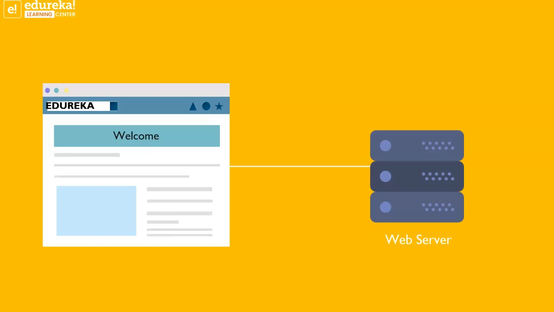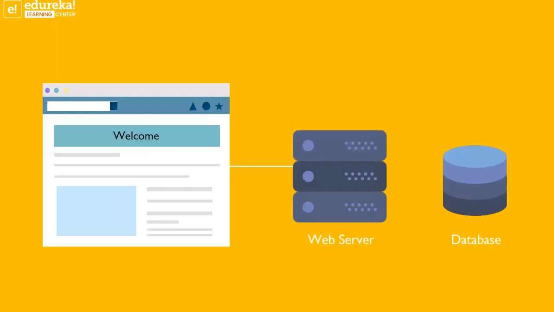Based on that, a database will be involved if there is storage, and if there is retrieval involved, there will be a retrieval process as well. For example, if you are going for a shopping cart, you will add the items in the shopping cart. The web server will remember your choices.